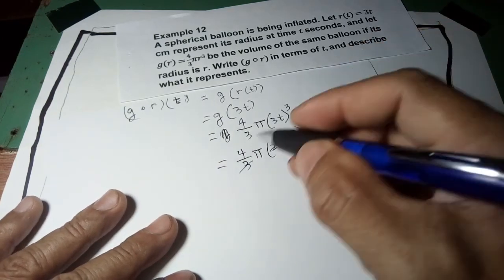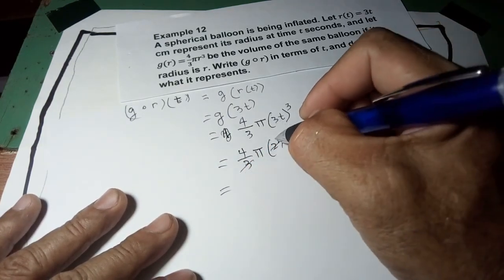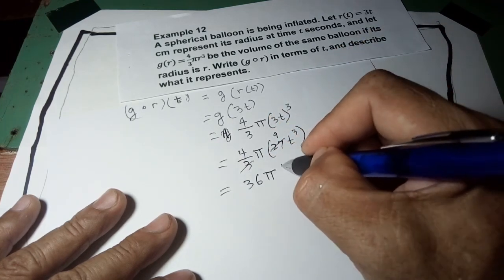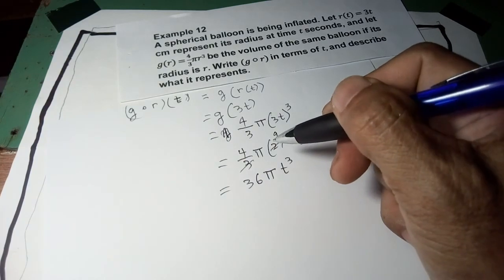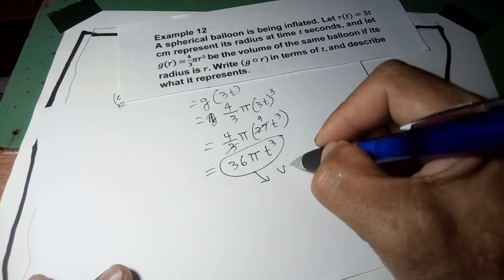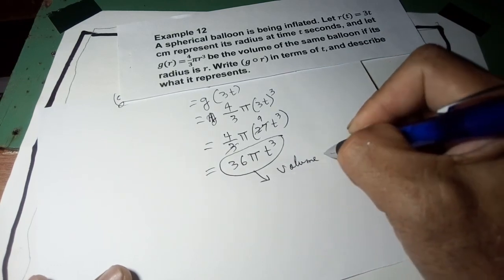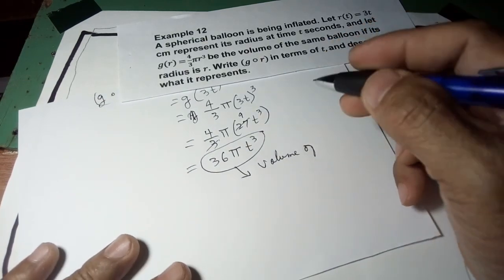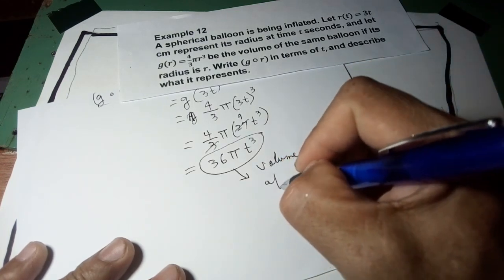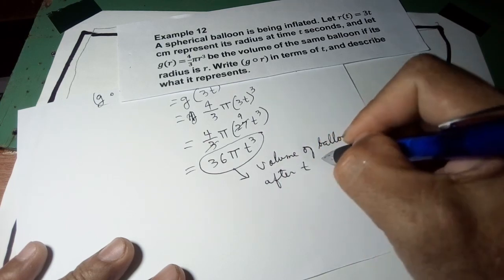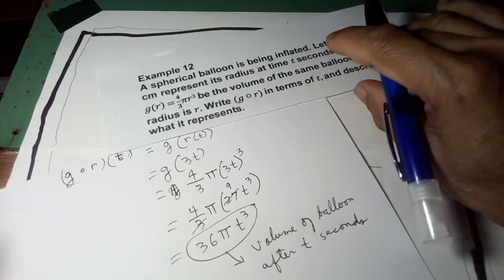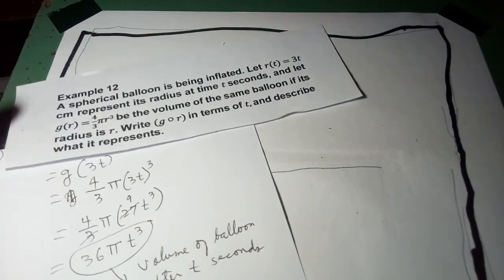Cancel out 3 and 27, this is 9. 4 times 9 is 36 pi t cubed. This represents the volume of the balloon after t seconds. Okay, so that's all for our discussion.